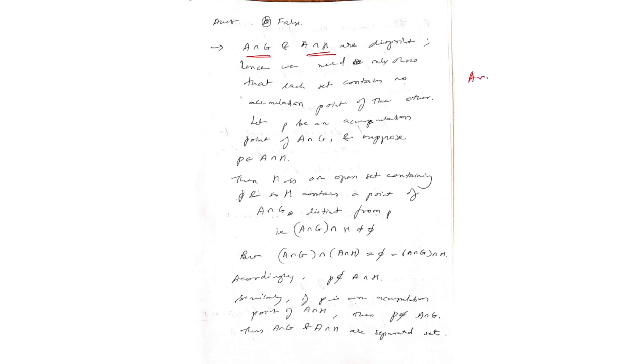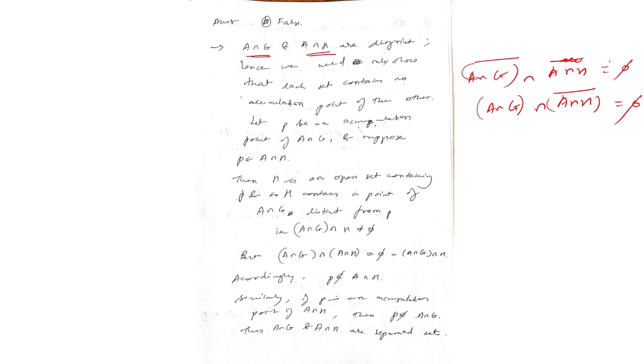Fine. That is, A intersection G closure intersection A intersection H should be empty, and A intersection G intersection A intersection H closure should be empty. Okay, so we need to prove that.